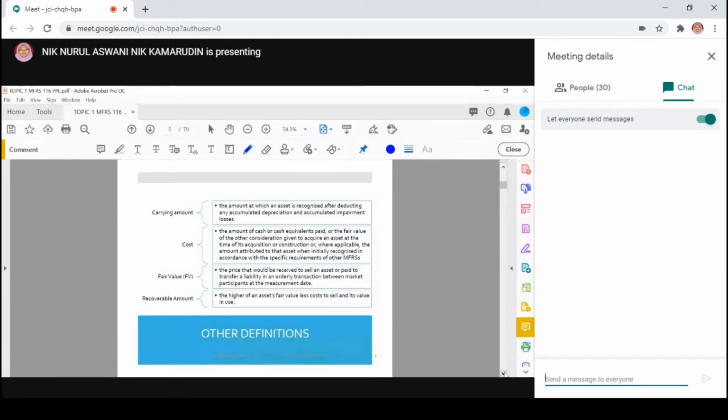Previously you may not have heard of a recoverable amount, or you may have, I'm not sure, but in this FAR 320, other than what you have learned before, related to the definition, recognition criteria, and the initial cost, you are also going to learn MFRS 136, impairment of asset. So that's why we have this definition here as well.